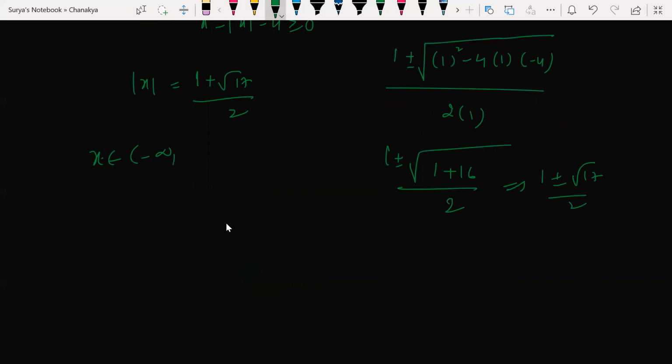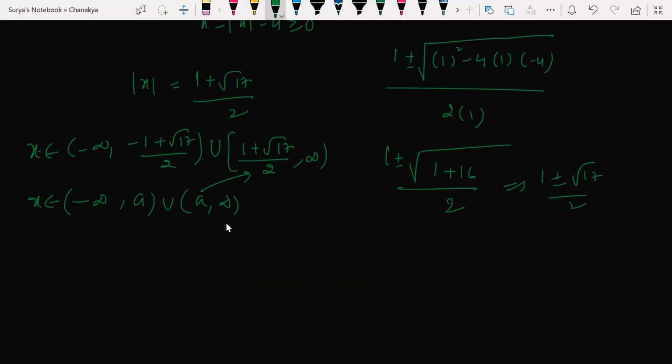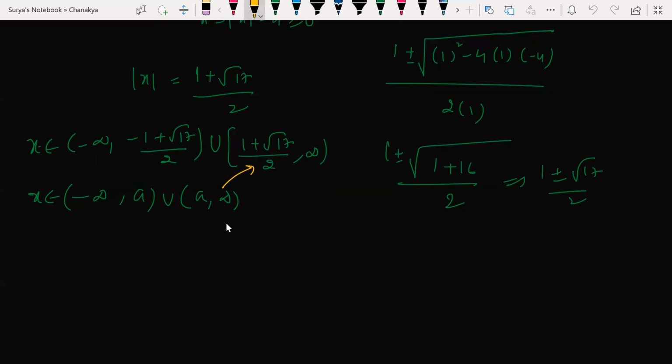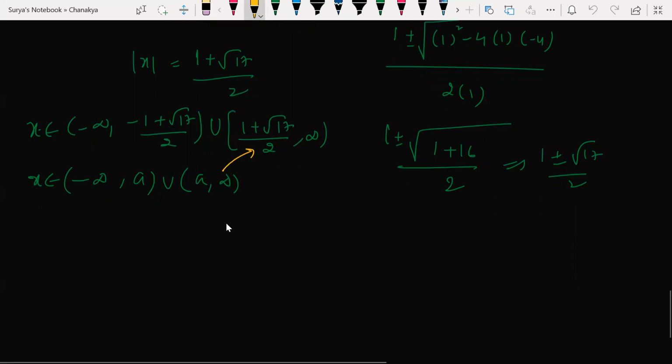Minus infinity to minus 1 plus root 17 by 2, union 1 plus root 17 by 2 to infinity. He has given minus infinity to a union a to infinity. So this is my a value. All right, a value is what? 1 plus root 17 by 2.